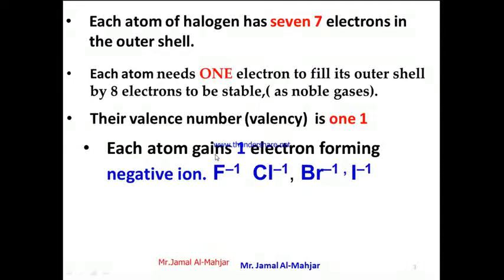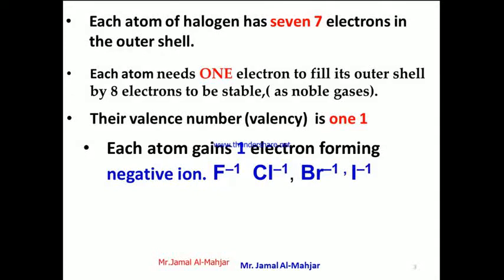So each atom gains 1 electron, forming negative ions. Why? Because an electron has a negative charge. So when the atom gains an electron, it changes from the normal or neutral state to a negative ion. And the name changes also.